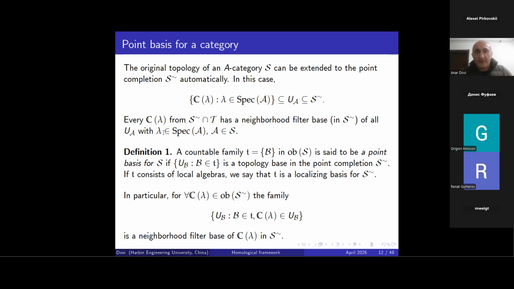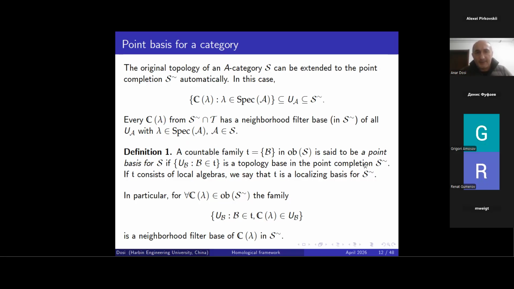Then you have the neighborhood filter base, right? All U_A, where lambda is a character. This actually generates a neighborhood filter base. Okay, I need several conceptions of point basis. Almost all of them are more or less the same, but since I have a general language of categories, I need to specify each time what is meant by basis.